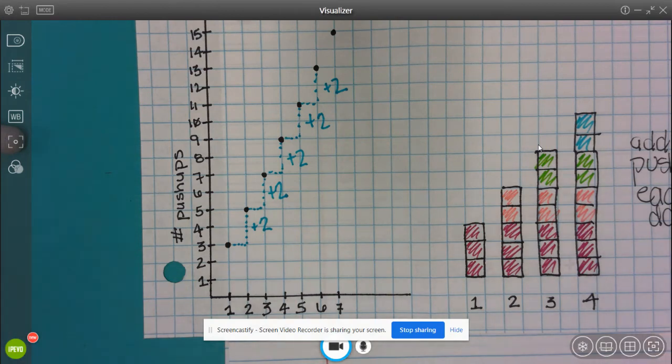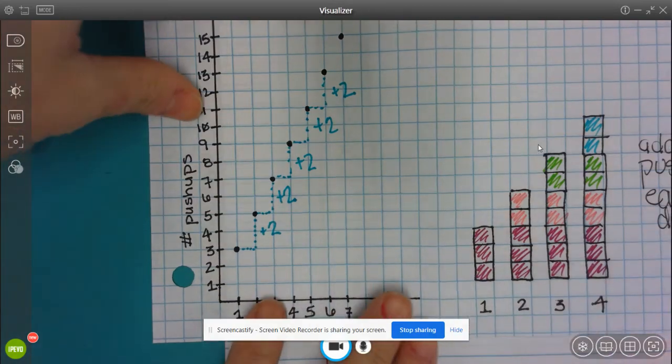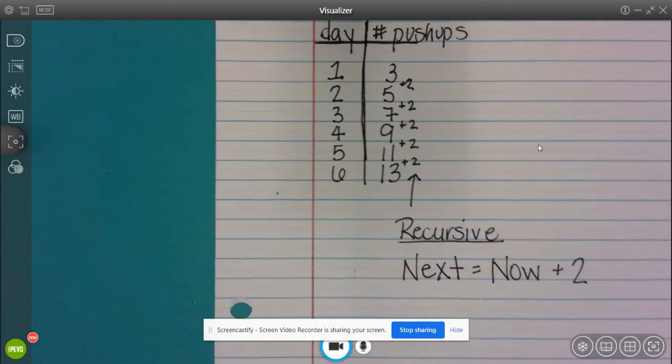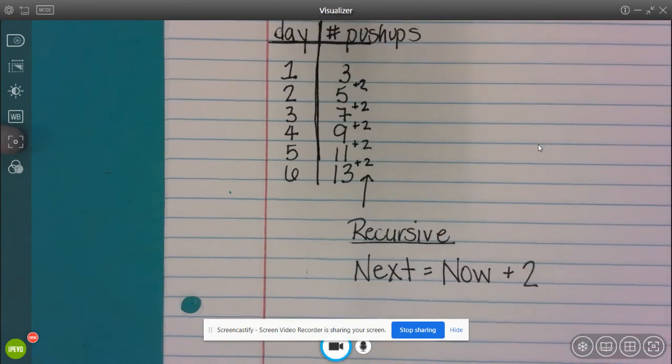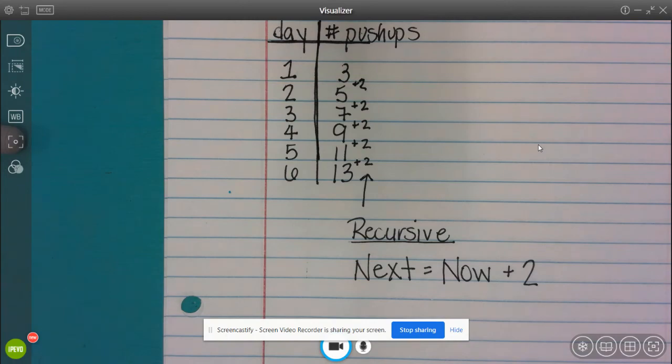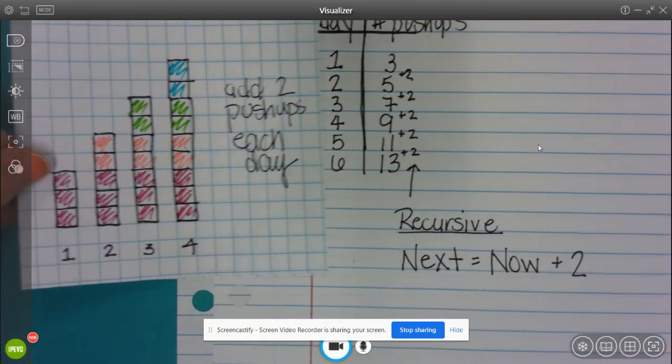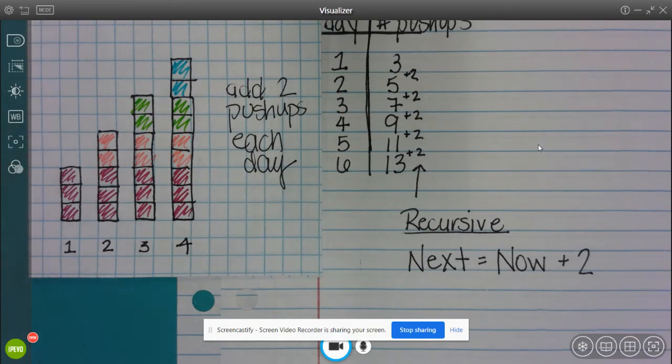So now I have a picture, words, a table, a graph, a recursive formula, but what I don't have yet is an explicit formula. And I'm going to bring my picture back because our picture is going to help us solidify what I'm doing for my explicit formula.